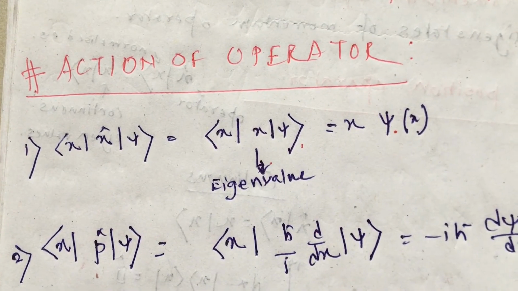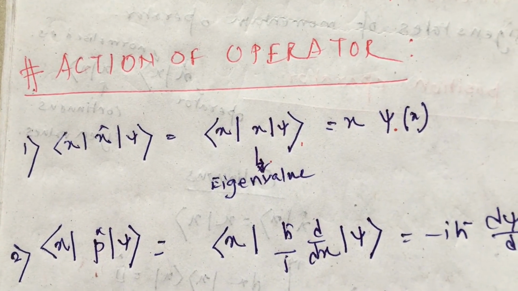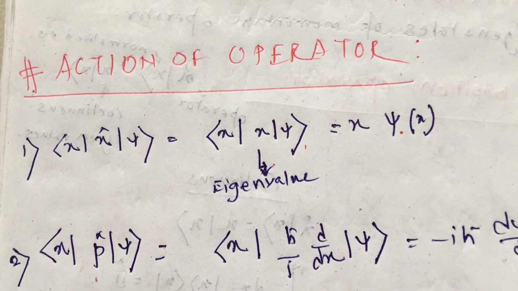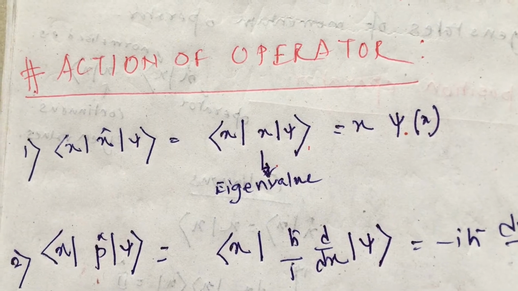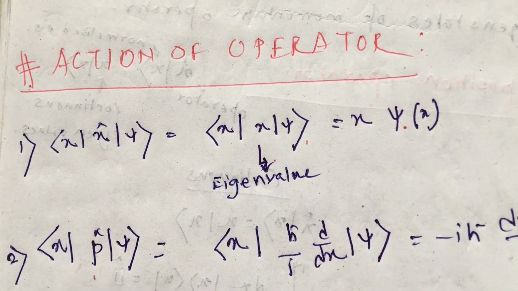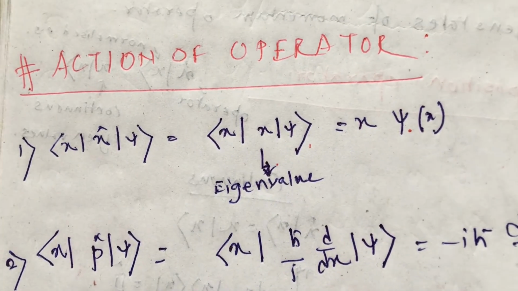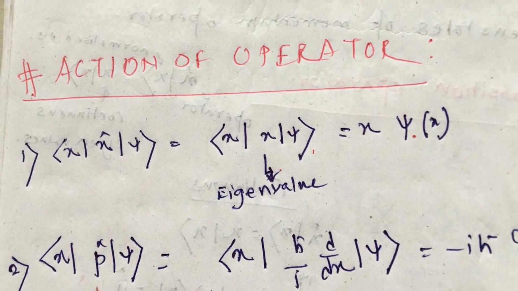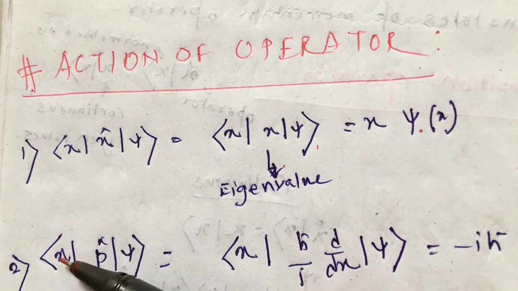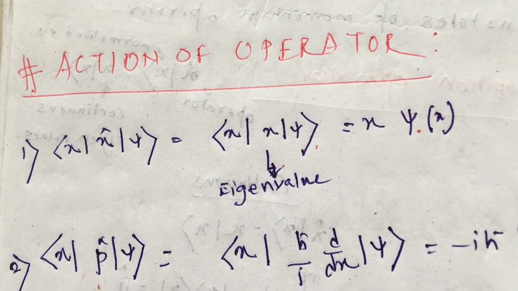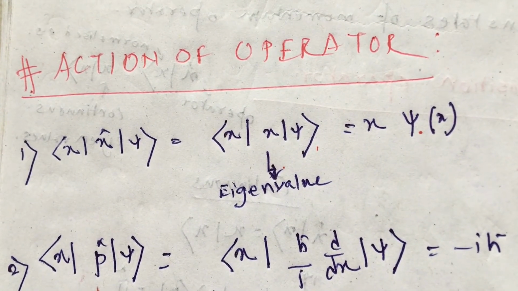Now let's see how the operators in continuous space, like the position operator and momentum operator, operate on an arbitrary state psi. As we are in position space, this bra vector has to be written <x|. If we are in momentum space, instead of x in the bra vector, we need to write p here. I will be discussing that in a short while.